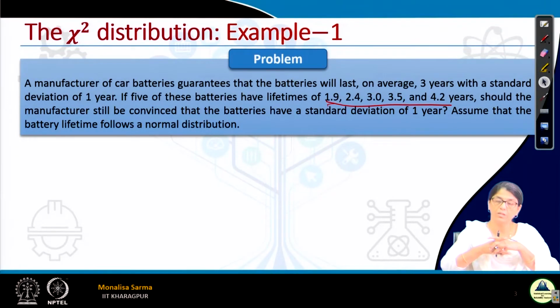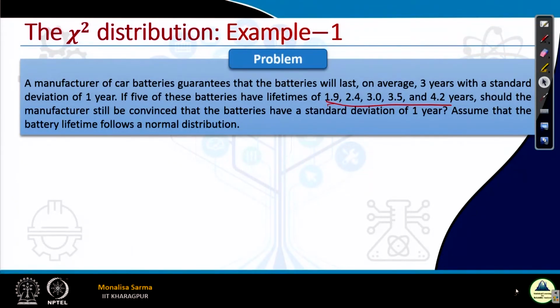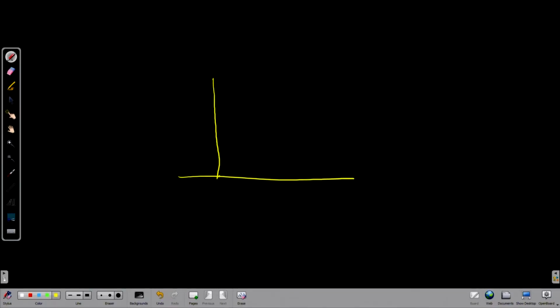Remember while discussing chi-square distribution, we have seen that it is a skewed sort of distribution. The area in the right tail is 0.025 and the whole area to the left is 0.975.